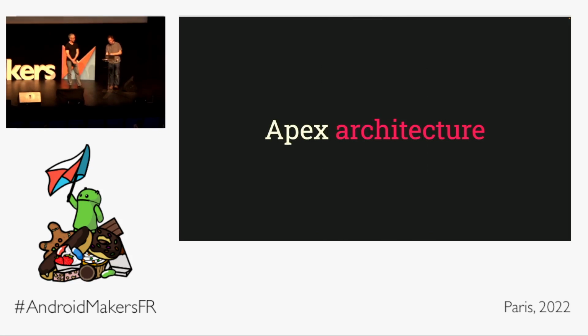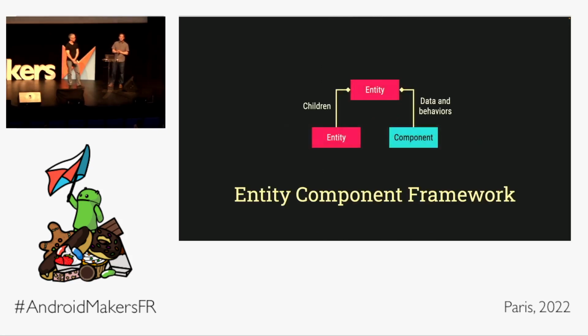All right, so the architecture. So Apex uses what can be called an entity component framework. It's based on or inspired by something called entity component systems that are, again, very popular in the game industry or in real-time rendering engines. I highly encourage you to go look at entity component systems if you're not familiar with them. They're very interesting.